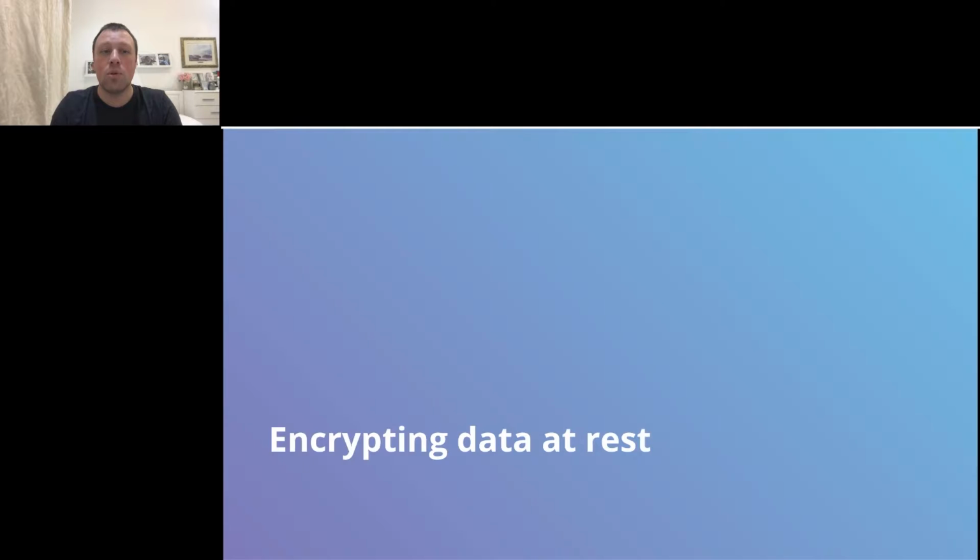Okay, let's move to encrypting data. With disk encryption, we are going to talk about encrypting data at rest. What does it mean to encrypt data at rest? Data at rest means all the data you store on some kind of persistent storage should be encrypted, and this is a must-have for any modern SaaS company.